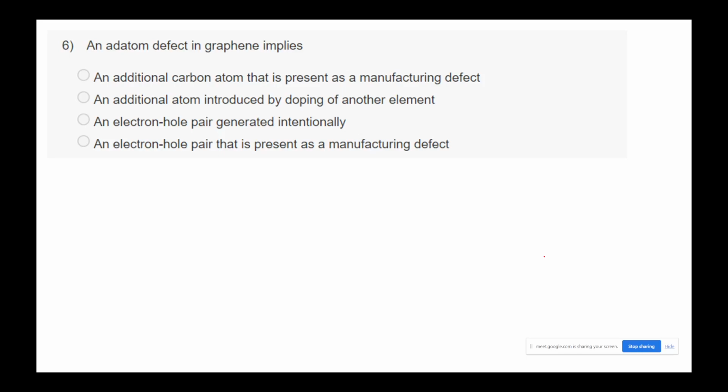Next question: add atom defects in graphene imply an additional atom that is present as a manufacturing defect. I have explained the different kinds of defects present in graphene. The options were an additional atom introduced by doping of another element, an electron hole pair generated intentionally, or an additional atom that is present as a manufacturing defect.